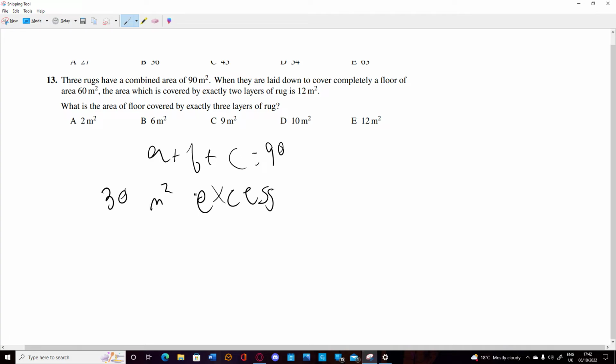So we know where some of the excess goes. We know there's 12 meters squared excess, so there's now 18 meters squared excess for the 3 rugs.